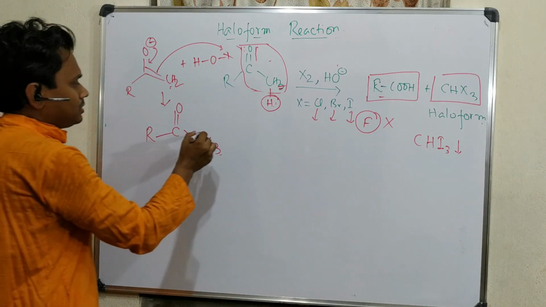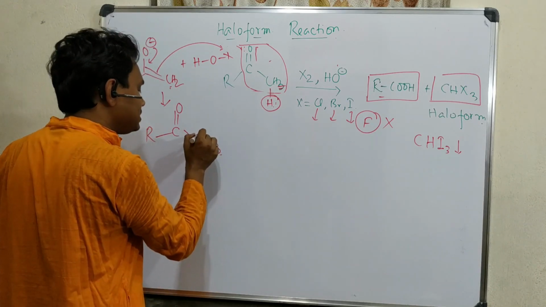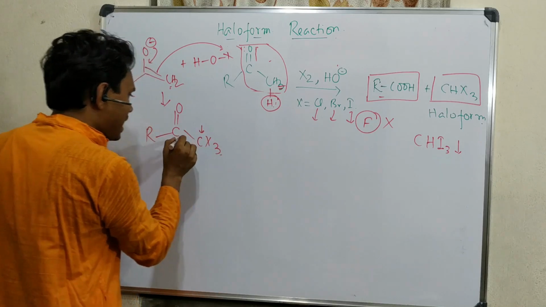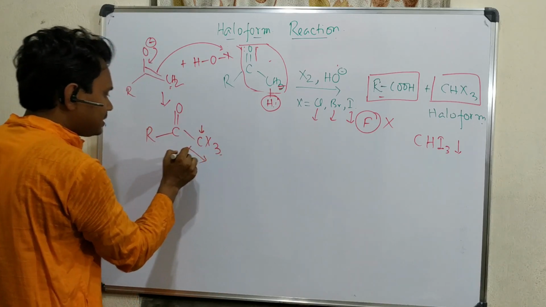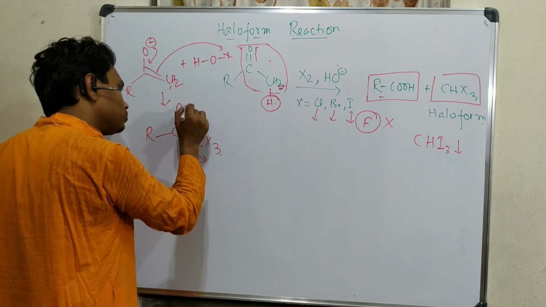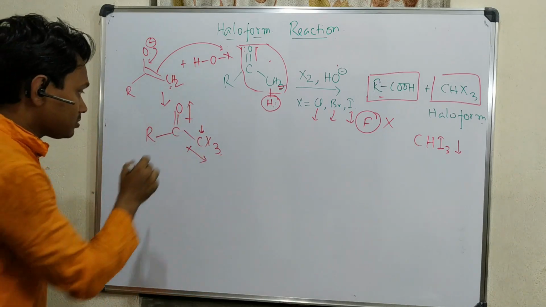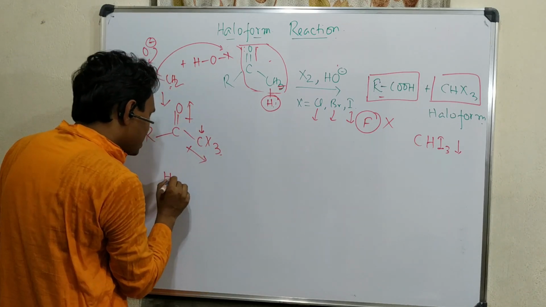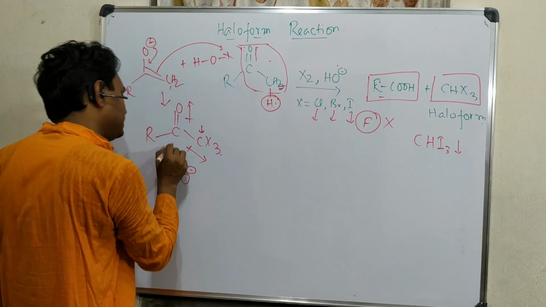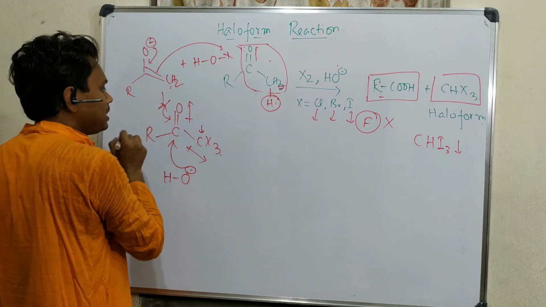Right now these halogens are electron withdrawing, so this carbon is electron deficient. As a result, it withdraws electron density here, and we know that the carbonyl group also withdraws electron density. Consequently, this carbon becomes so electron deficient that nucleophilic attack by hydroxyl is possible, and what happened?